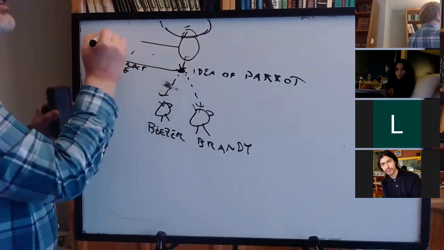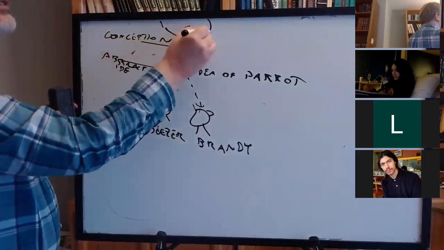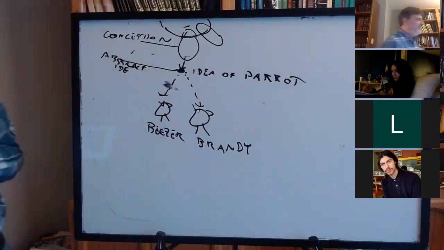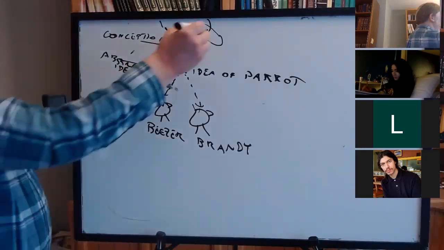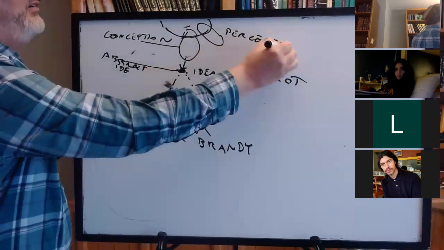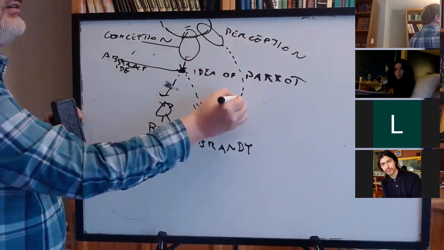Call this operation conception. I don't know that Locke ever calls it that, but it's a good name for it. Sometimes he calls it thought, but he also uses thought in a much broader significance, so that's no good. But here's the operation of perception.